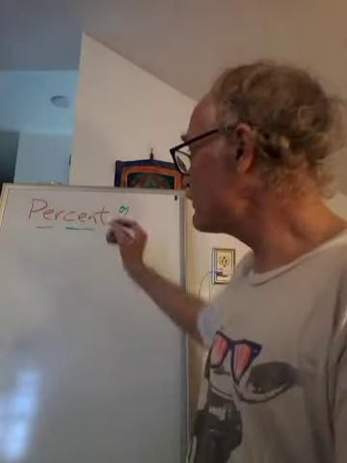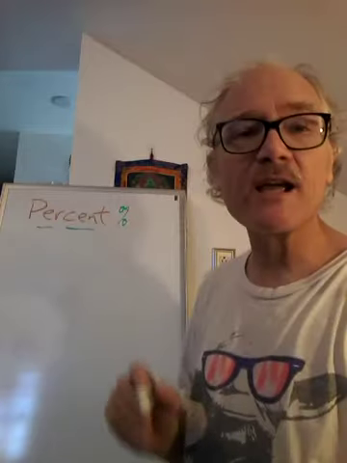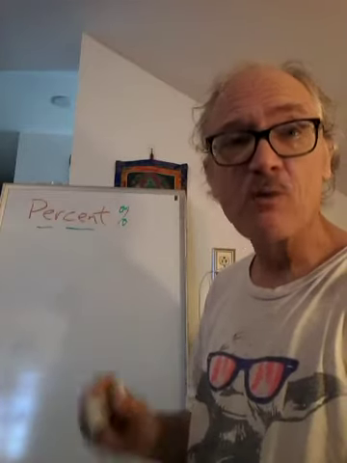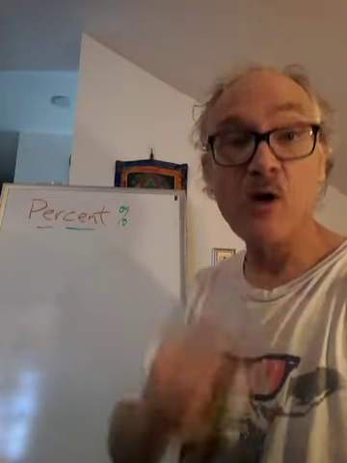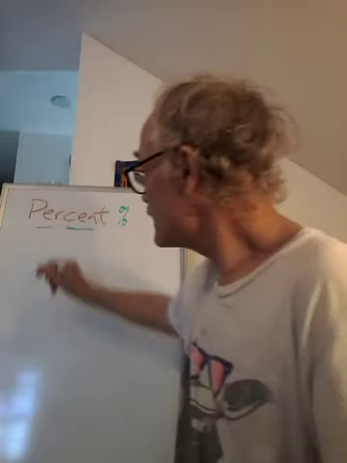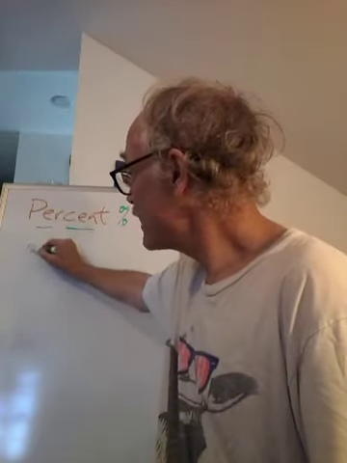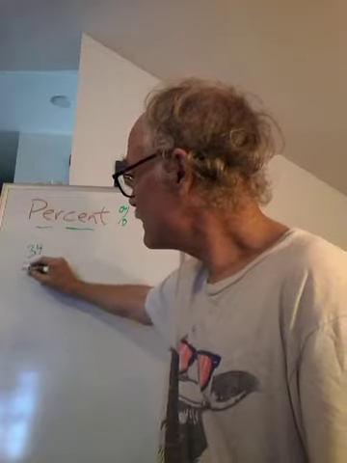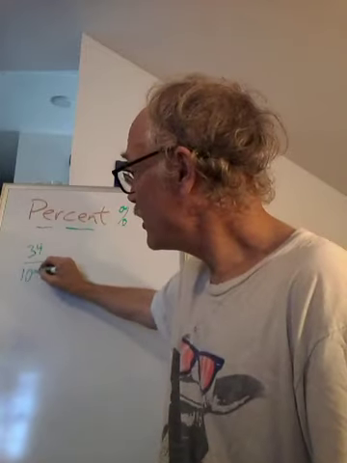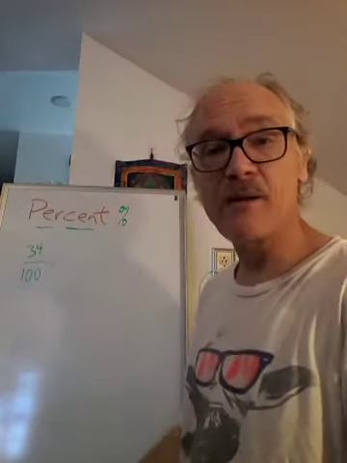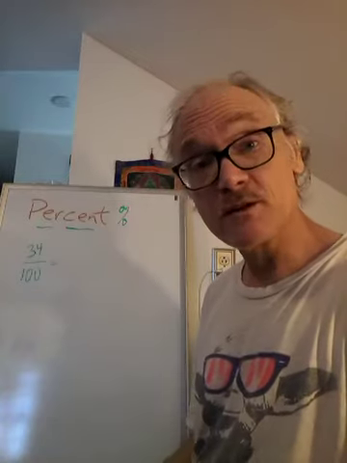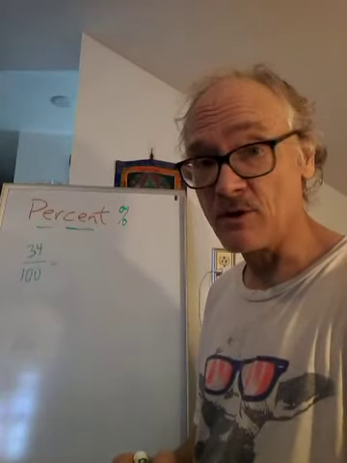Okay, so when we're thinking about percentage, we're talking about a fraction with a denominator of 100. So suppose I have something like 34 as the numerator and 100 as the denominator. The first thing to do is to change this into a decimal.